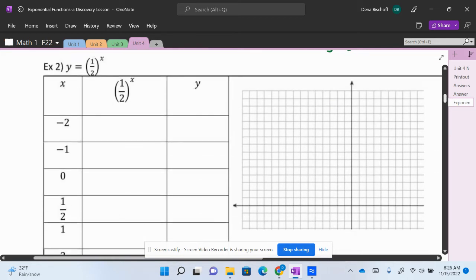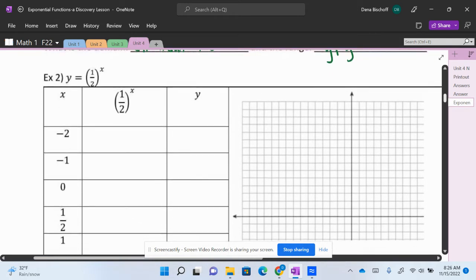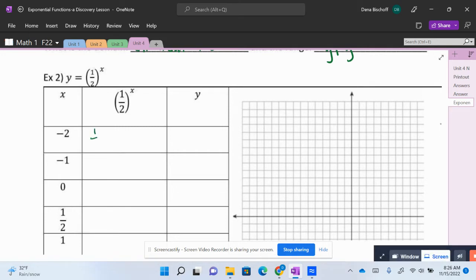Okay, let's look at this next one. So we're going to fill out a table of values for this one as well. Let x equal -2. So that's saying 1/2 to the power of -2. When you have something raised to a negative power, that means you have to reciprocate it.